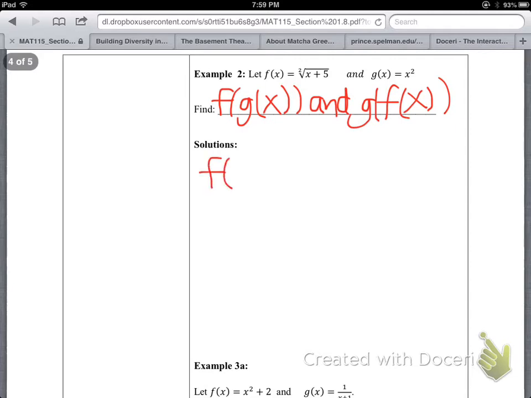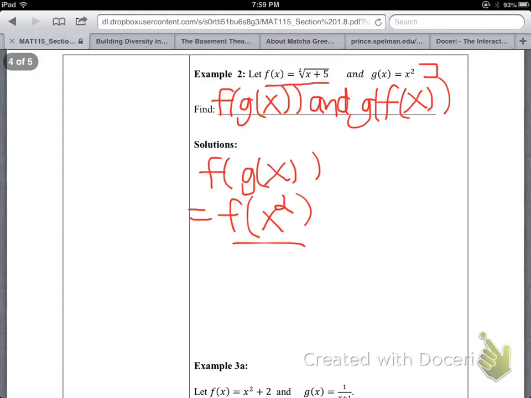So f of g of x, well, what does that mean? In this case, g of x is our inner function, and by substitution, g of x is equal to x squared. So we can replace g of x with x squared. So this equals f of x squared, and now we are just using our f function, and this is saying wherever you see x in your f function, we plug in x squared.